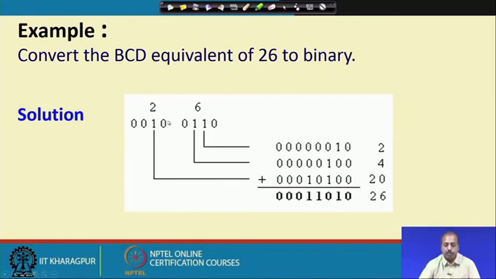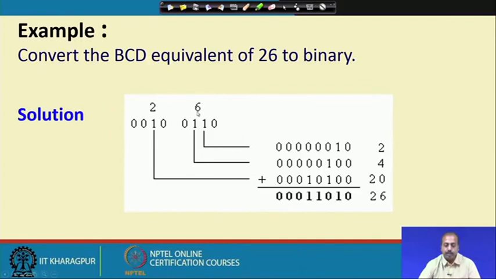Similarly, suppose I have to convert this 26 into binary. Again we do the same thing. This part contributes with weight 10. This is 2 power 0, 1, 2 power 1, 2, 2 power 2, 4 and this is 8. So, this is 2 into 10, which gives me 20, and I write down the binary representation for 20.